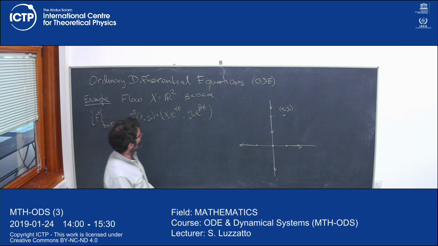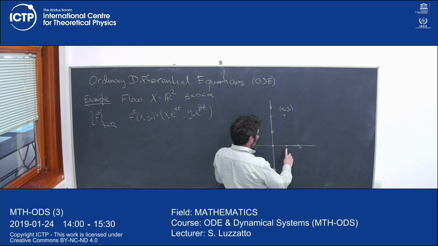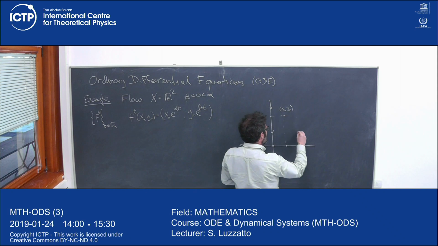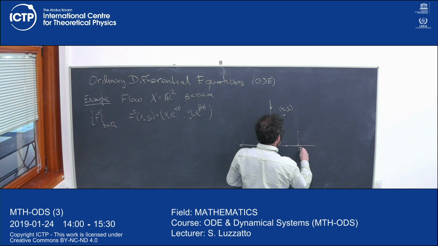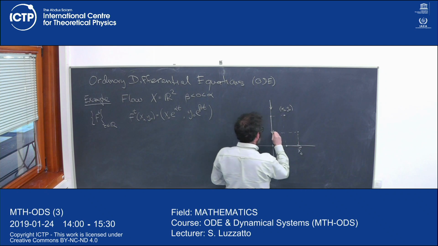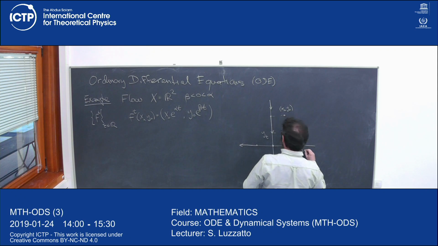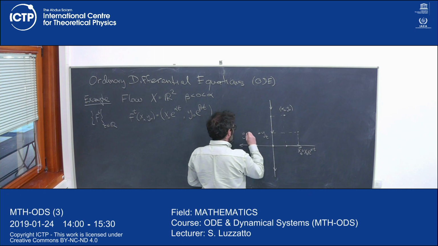That's right, okay, so it's easy. In fact, the coordinates follow exactly the coordinates of this point, right? So after some time t, this will be here x_t, and this will be y_t. Okay, this is equal to x0 e to the alpha t, and this will be equal to y0 e to the beta t, right?